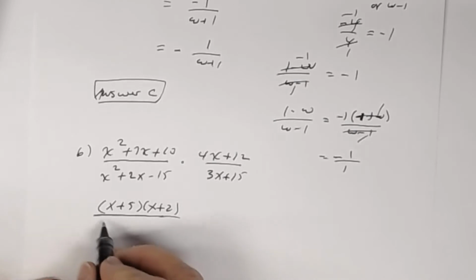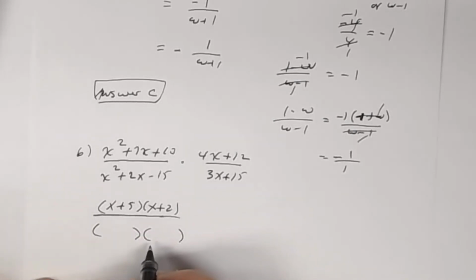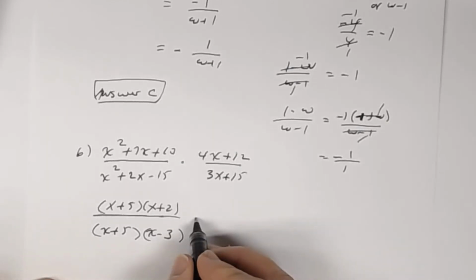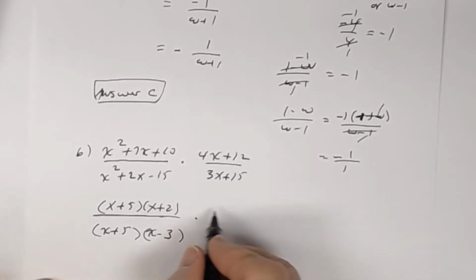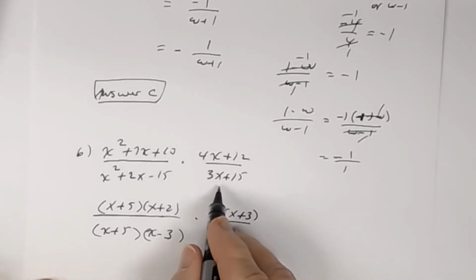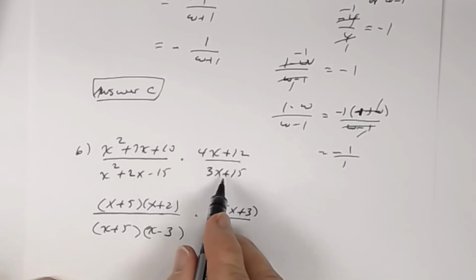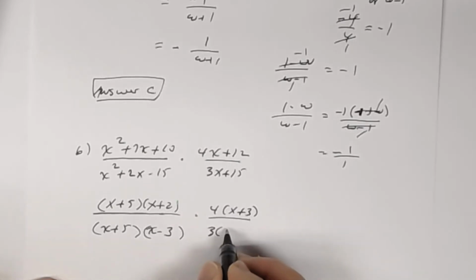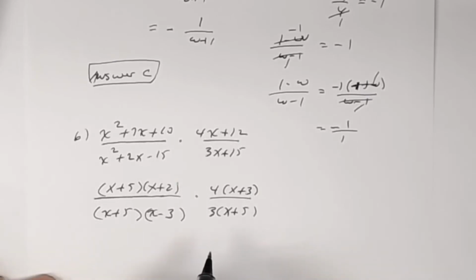The denominator, I can factor as x plus 5 times x minus 3. The numerator here, I can factor out a 4, so I get 4 times x plus 3. And then the denominator, I can factor out a 3, so I get 3 times x plus 5. Okay? So it looks like that's about all I can factor.